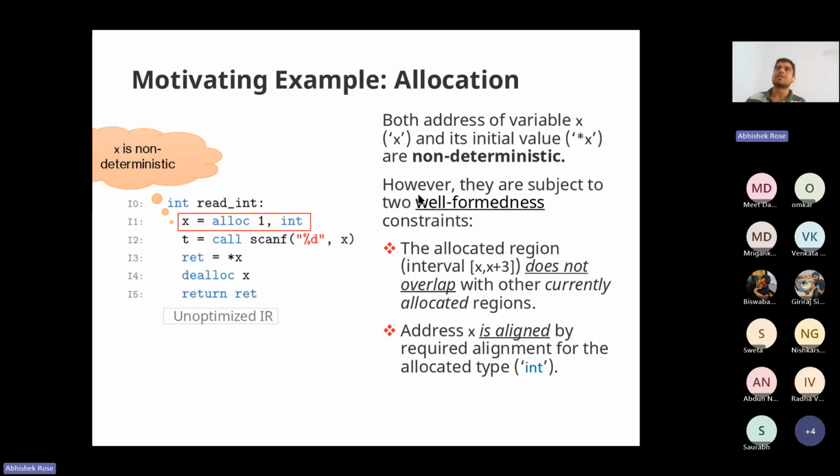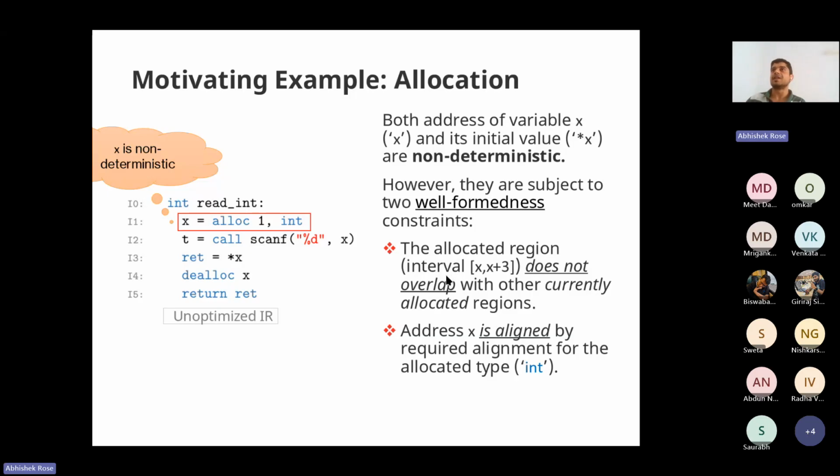There are certain well-formedness constraints that are imposed by C. These constraints are that the allocated interval, the 4 bytes of x, that is from x to x plus 3, both inclusive, does not overlap with currently allocated regions. For example, if there was an allocation in the caller of readInt, then the interval returned by alloc must not overlap with it.